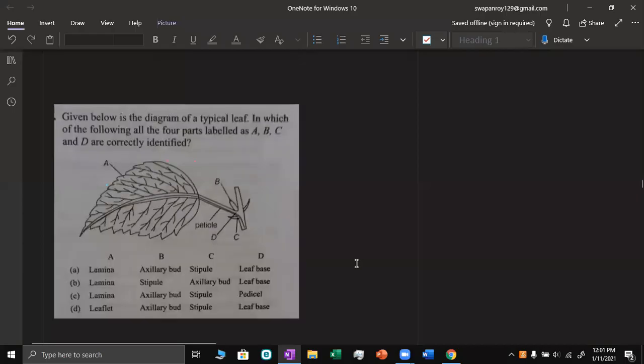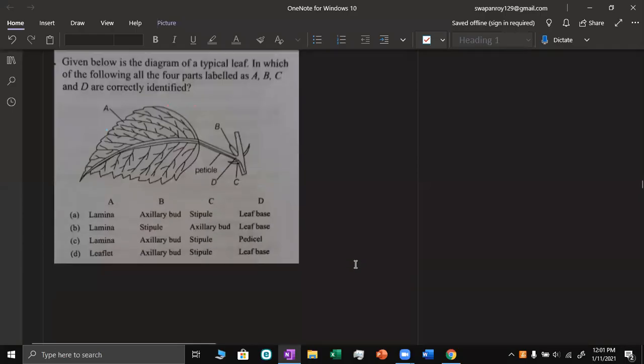That is the part we left in the portion of plant morphology.